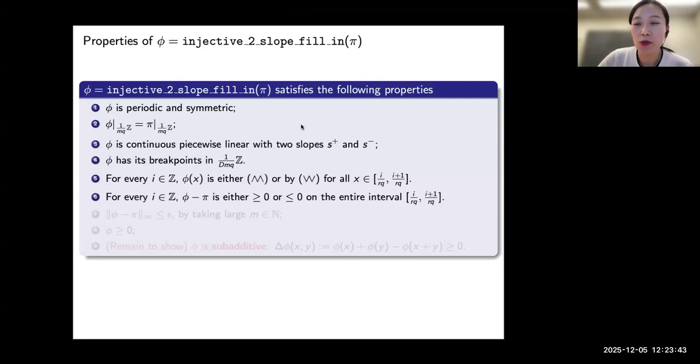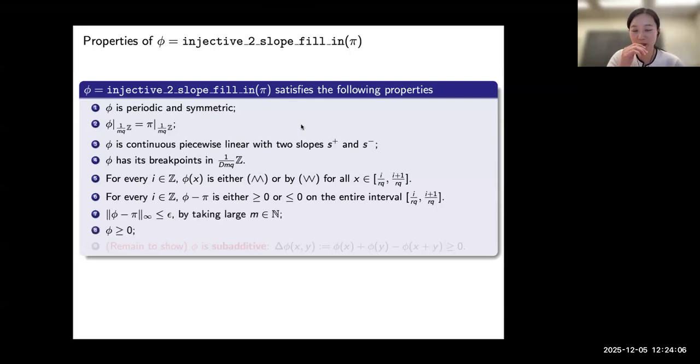It has two slopes, the most positive slope s plus and the most negative slope s minus, and some detailed properties of where it is linear and the difference of phi and pi. It is constant on each grid interval of length 1/RQ.